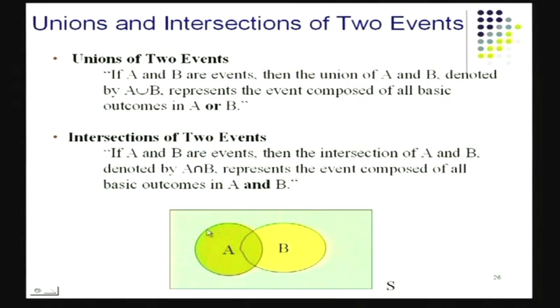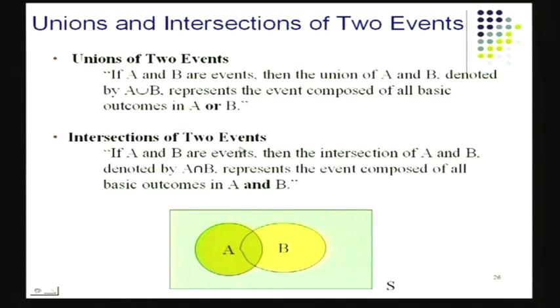So anything that appears either within A or within B will belong to what we call the union of A and B. Notice here, A union B. A union B is basically any outcome that falls either in A or in B. So I designate that by saying the outcome is either in A or in B. Obviously, it could be in both. That also is all right. When I do that, I've worked out what we call the union of two events.